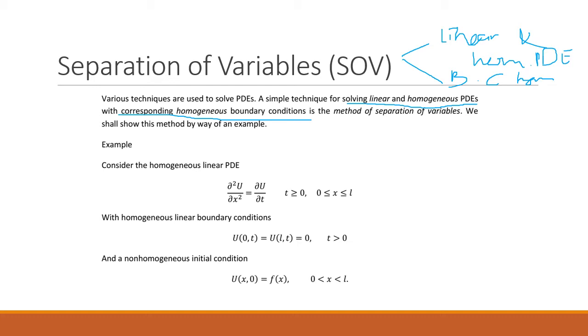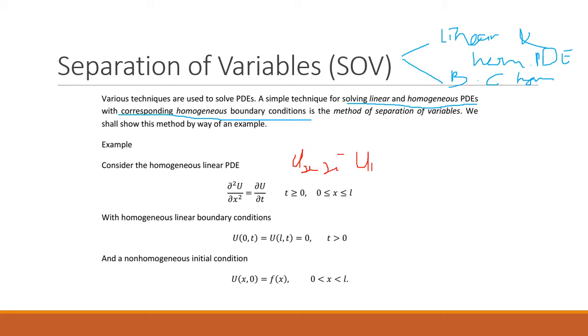Okay, so consider the homogeneous linear PDE. So, kita tengok dekat sini. Kita ada del square u over del x square equal to del u over del t. Okay, this PDE is homogeneous. Okay, walaupun dekat sini it is not equal to 0, but kita tahu dependent variable dia.